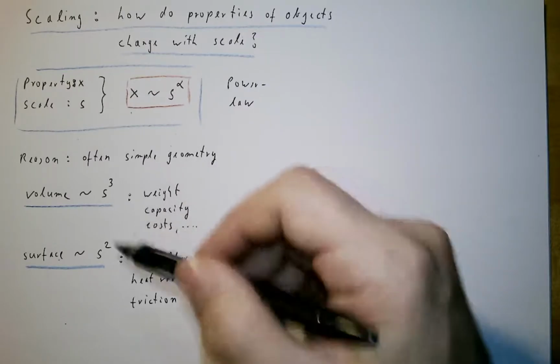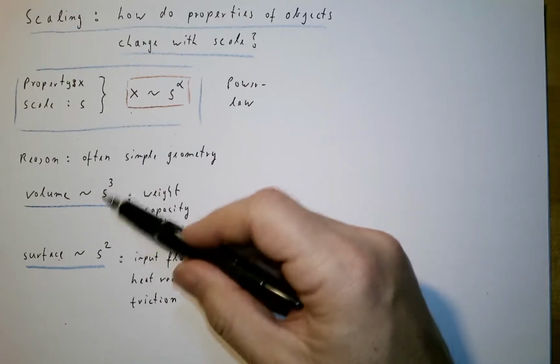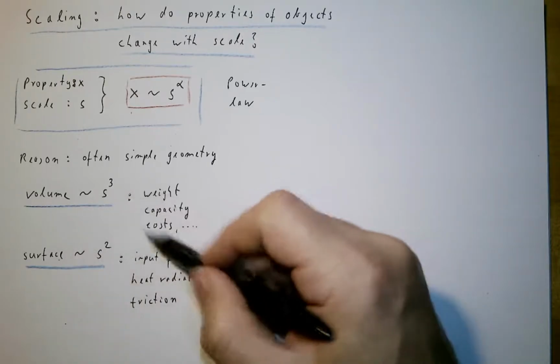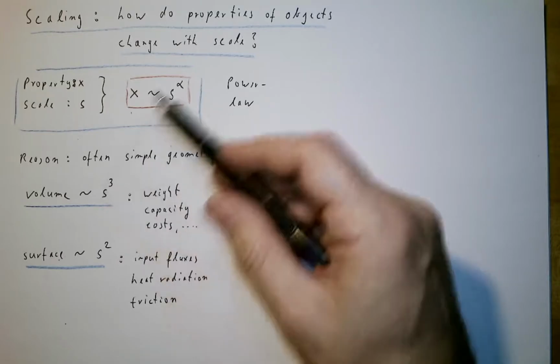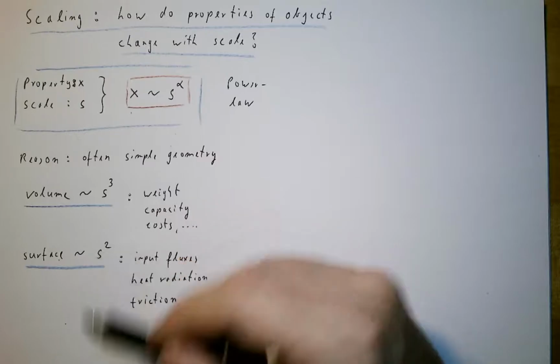But if you want to know in general how such properties change when you just change the size of an object, then typically certain properties have a power law with exponent 3, and other properties have a power law with exponent 2.